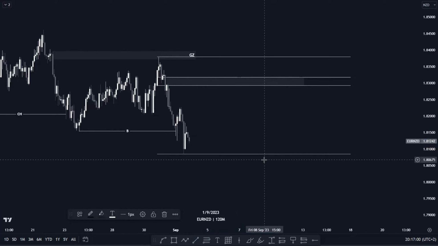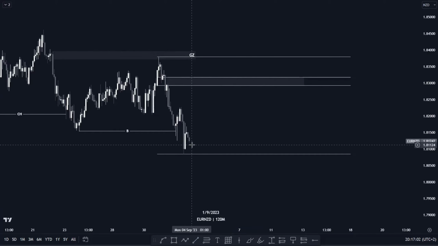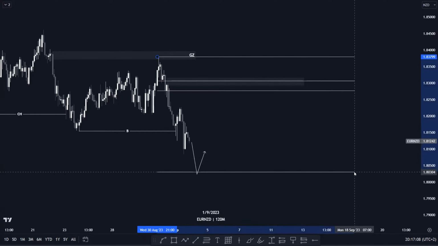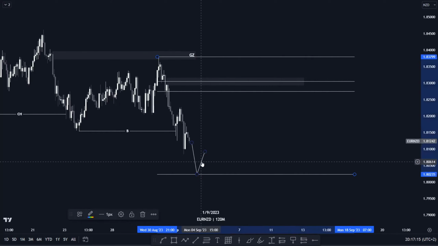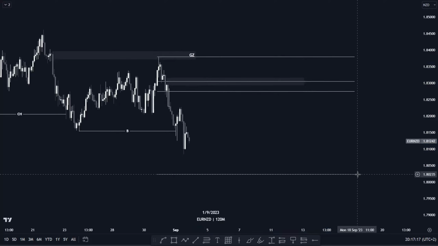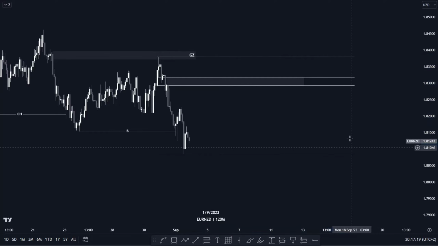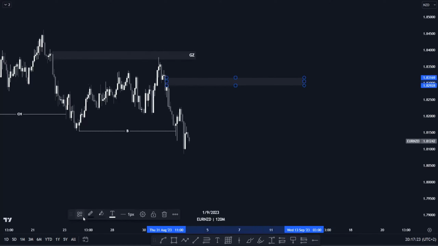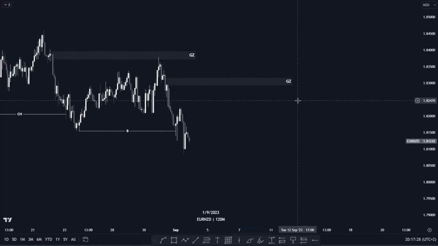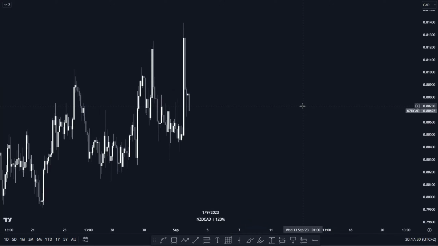If price manages to push a lot downwards, we'll have to adjust our golden zone to the lower low and mark off our golden zone level. But this is what I'm looking for from Euro NZD next week.